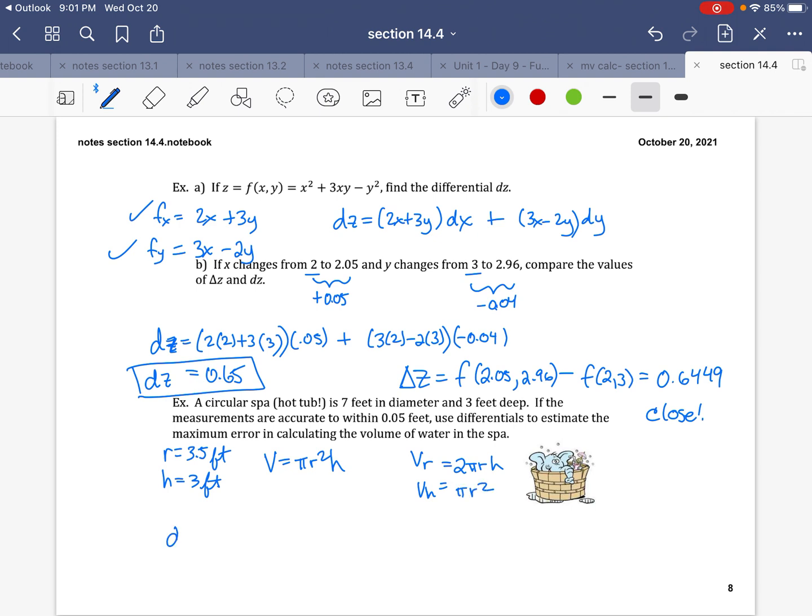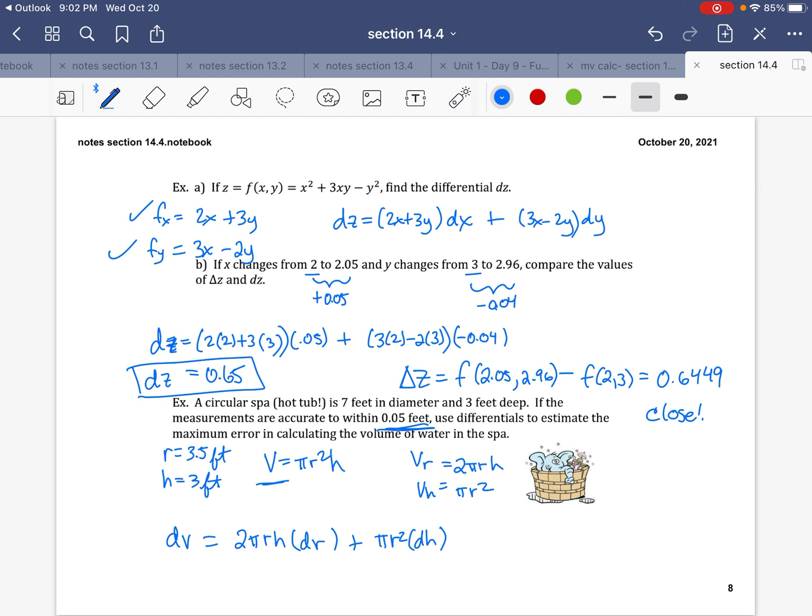All right, so my dV, because my equation is equal to V, is going to be 2 pi r h times my change in my radius, so dr, plus pi r squared times my change in my height, so dh. Well, both of those changes were 0.05.